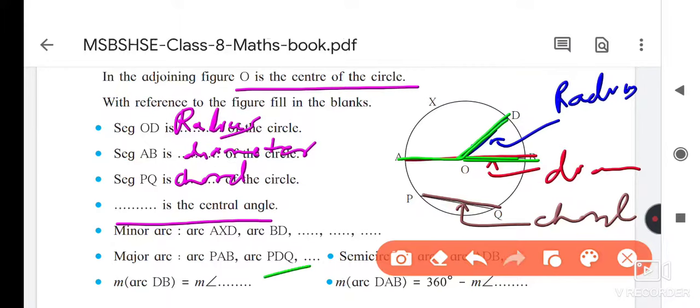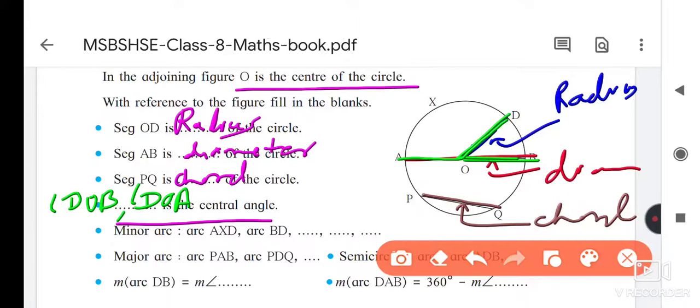So here what we have to write? Angle DOB and angle DOA. As you all know, we have to take the vertex at the center whenever we read the name of the angle. So DOA and DOB are the central angles.